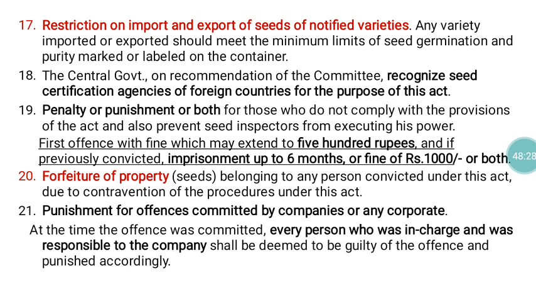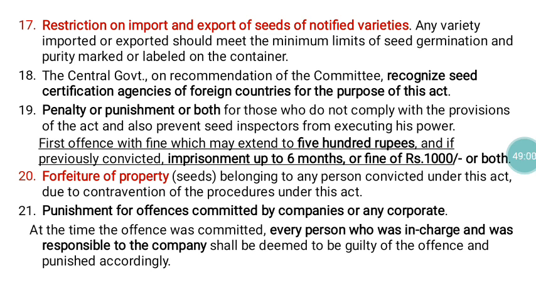Then section number 19, which is also an important section, deals with punishment for fraudulent work. If anyone sells inferior quality seeds or hides the quality of the seeds, and the seed inspector catches hold of them, the inspector can put up a fine of 500 rupees for the first offense.